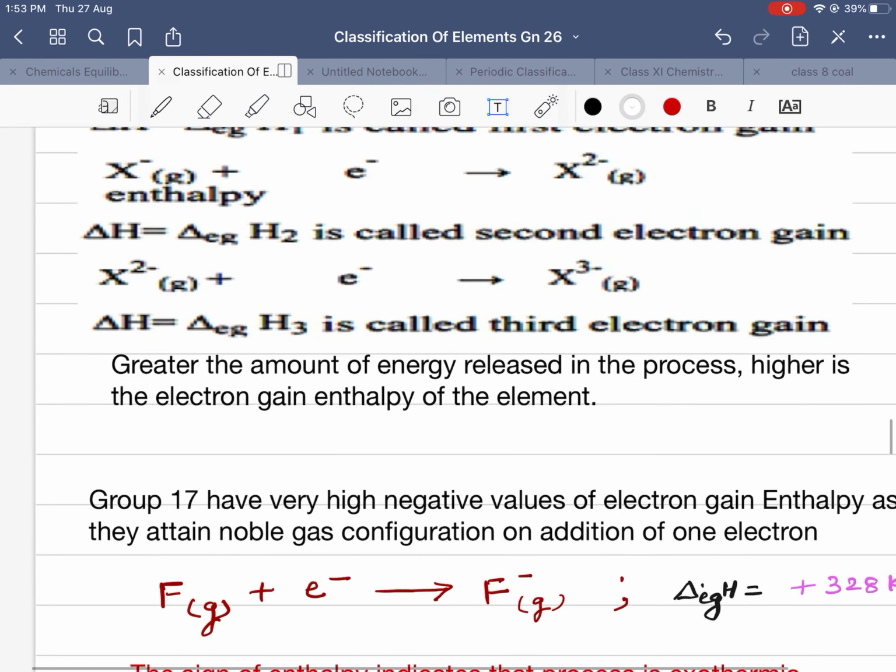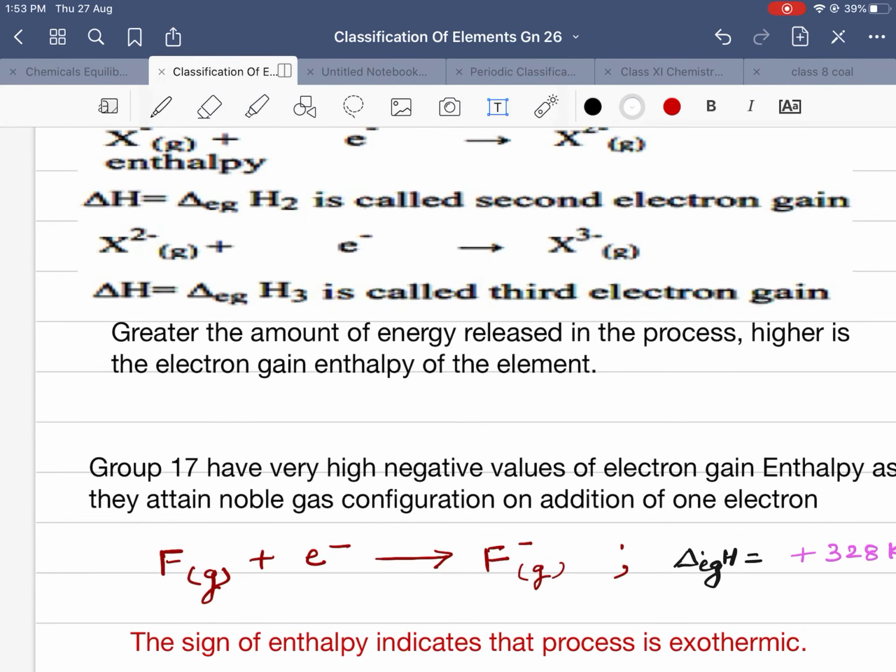The greater the amount of energy released in the process, the higher is the electron gain enthalpy of the element. Group 17 elements have a very high negative value of electron gain enthalpy as they attain noble gas configuration on addition of one electron.